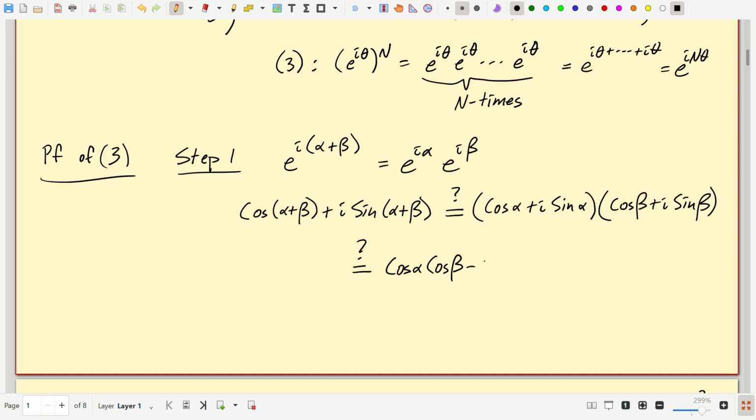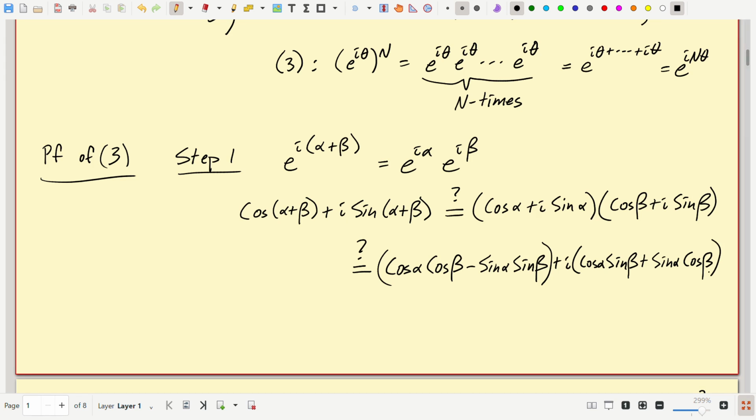So this is sine alpha sine beta with a minus sign. That's the only cross terms that give me real numbers. And then the imaginary stuff would be, let's see, I'd get a cosine alpha times sine beta. And the other one would be a sine alpha cosine beta.